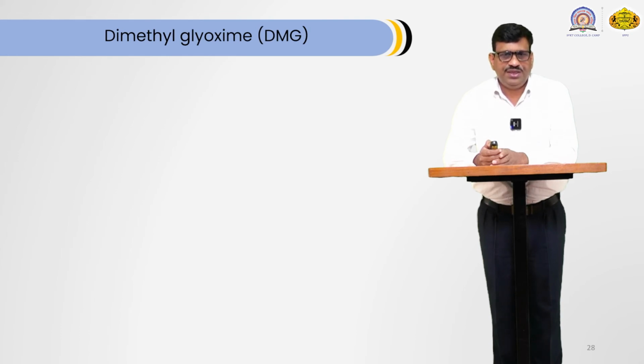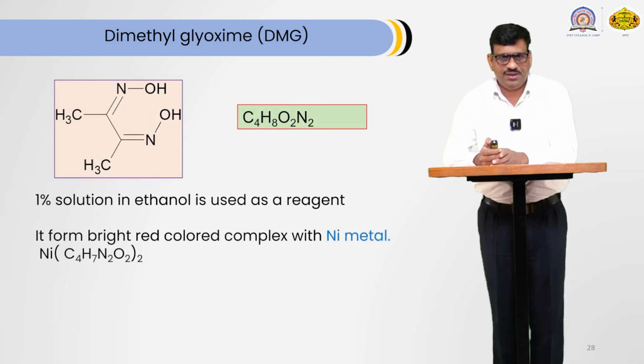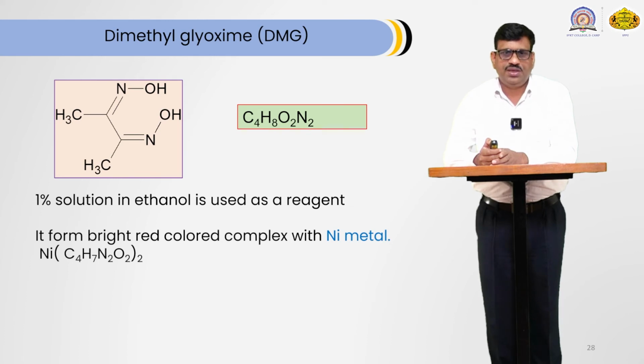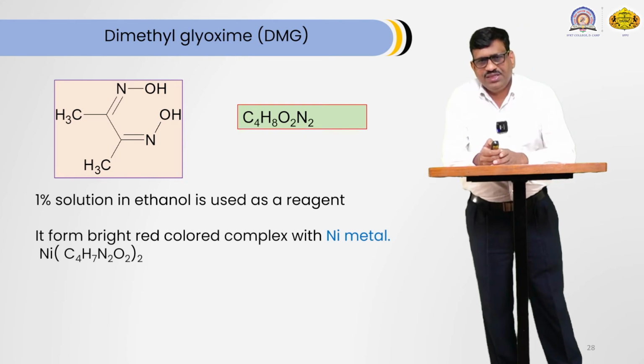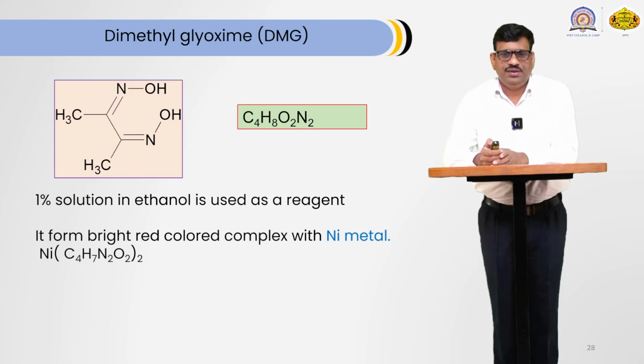Another organic precipitant is dimethylglyoxime. In short, it is called DMG. This is the structure of DMG. Two hydroxyl groups are present. The molecular formula is C4H8O2N2. A 1% solution in ethanol is used as a reagent. It forms a bright red colored complex with nickel metal, that is Ni(C4H7N2O2)2. Hence, DMG is specially used for the extraction of nickel from the solution.